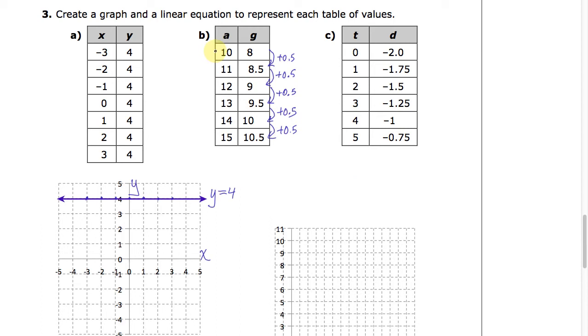While if you look at the change in A, each time this is going up by 1.